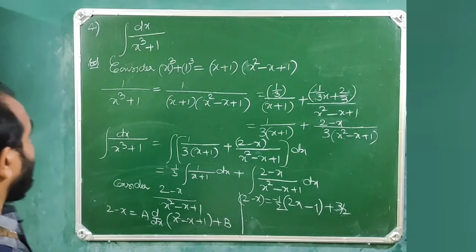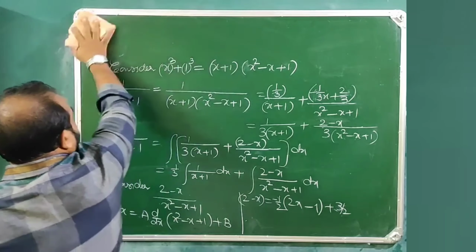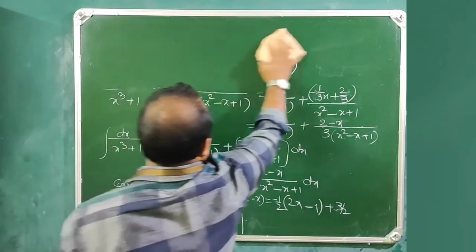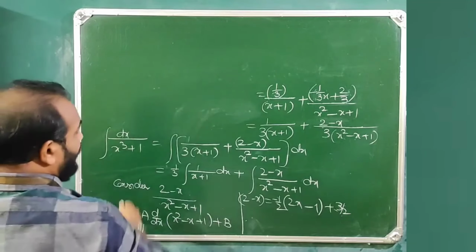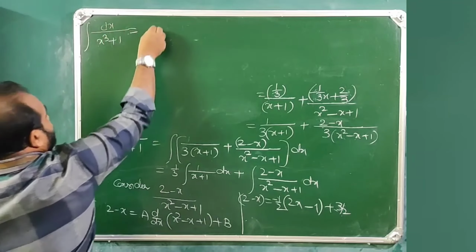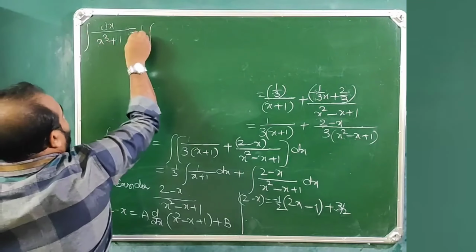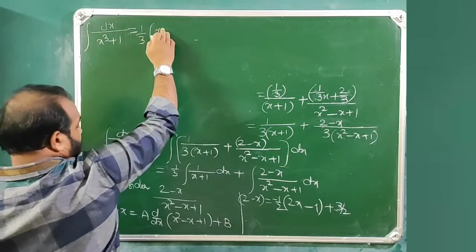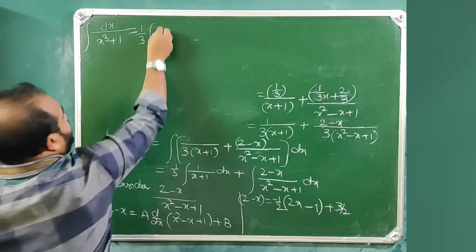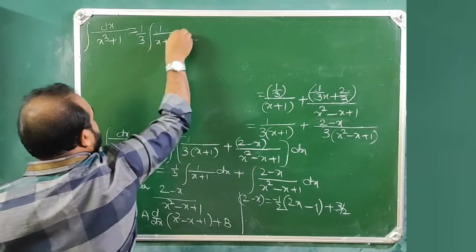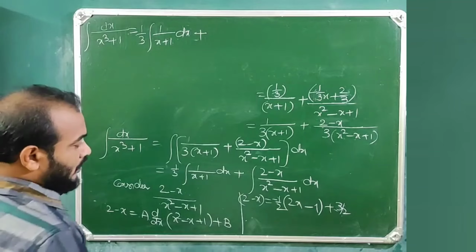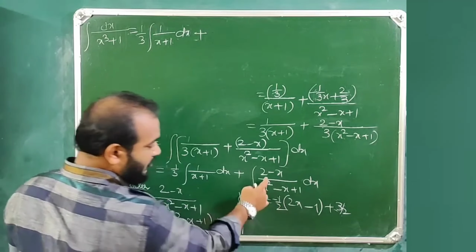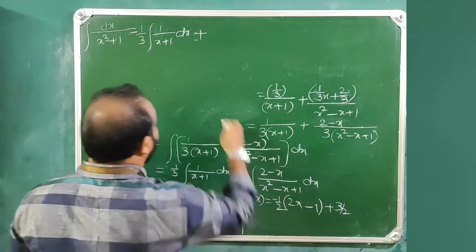So let us erase this. So the integral dx is equal to the integral of 1 by 3 into 1 by x plus 1 dx plus 2 minus x by x square minus x plus 1. So 2 minus x we have already prepared here.